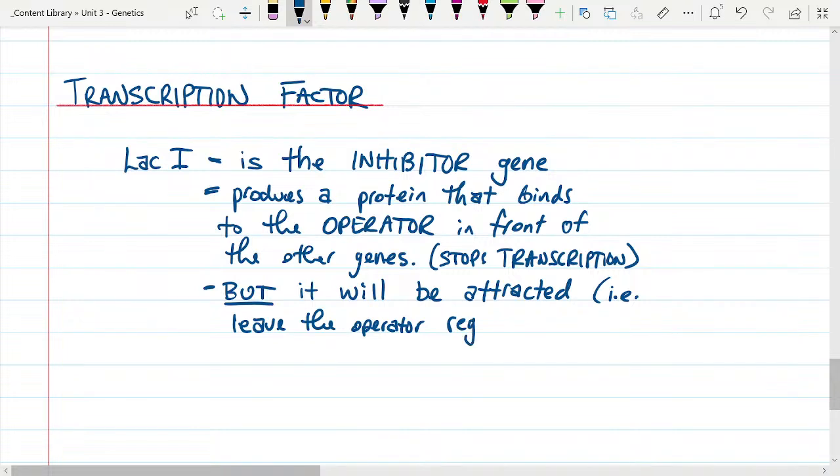So it will leave the operator region and go to lactose. So basically, the cell has this small little protein that it can make. And when it makes this small little protein, that small little protein will bind to the operator and it will turn off the gene unless lactose is present.